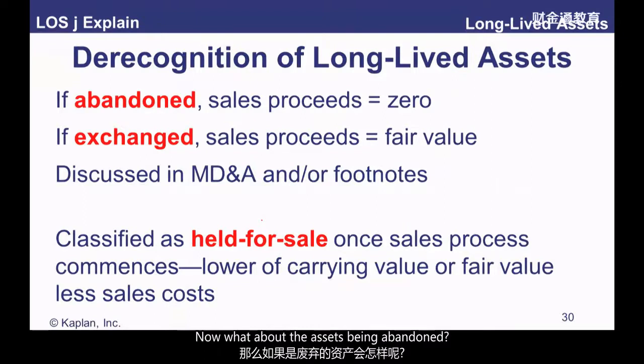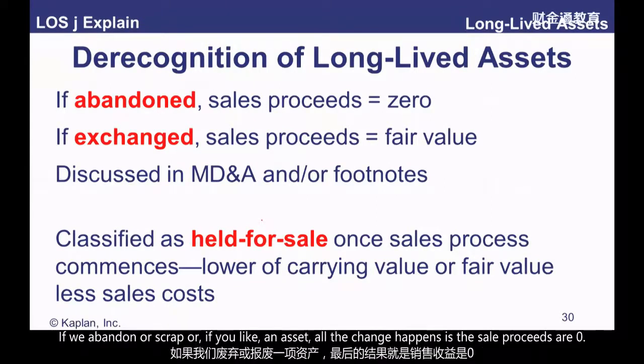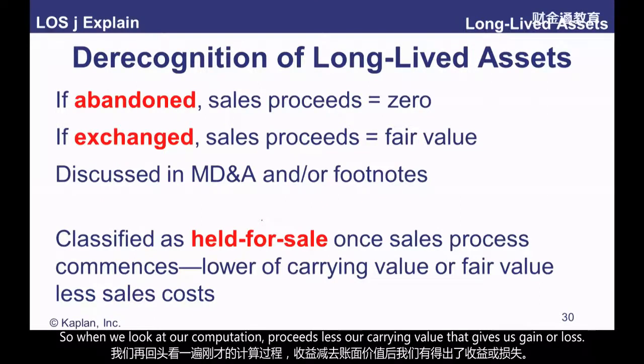Now, what about assets that have been abandoned? Well, we do exactly the same calculation. If we abandon or scrap an asset, all that happens is that the sales proceeds are zero. So when we look at our computation, proceeds less our carrying value, and that giving us our gain or our loss.